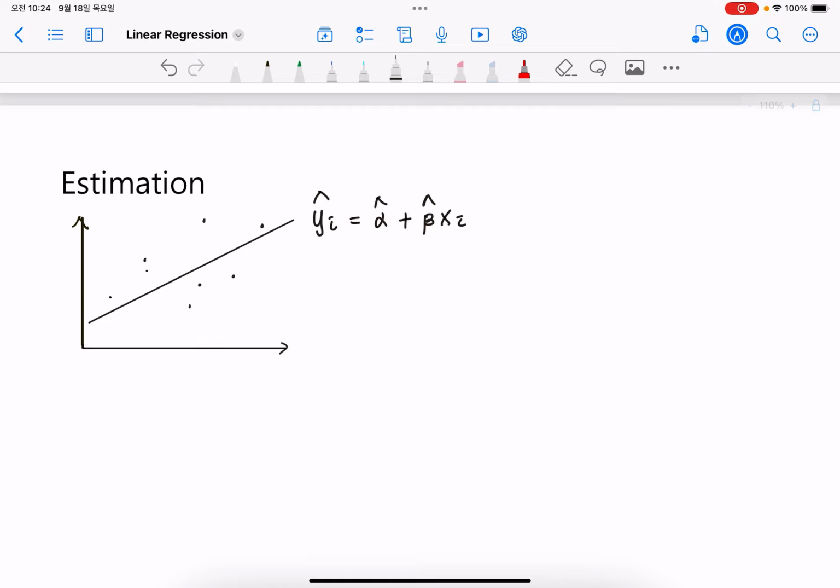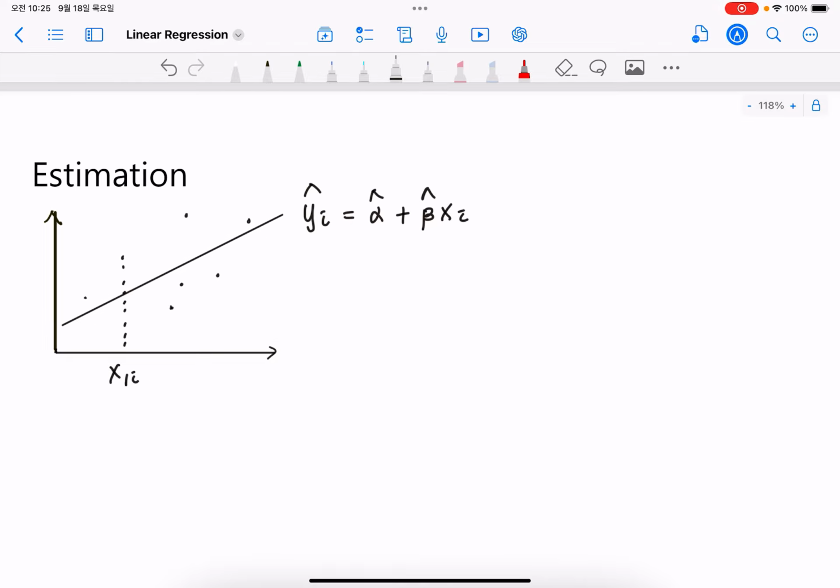And let me say that we're interested in this point, and this is going to be xi, and let's put it as x1i so that we can differentiate with the other dots that are x1i, x2i, x3i. So x1i, and this part right here will be y1i.